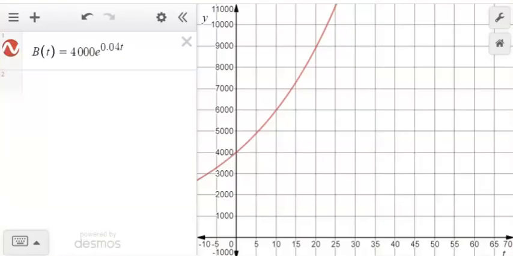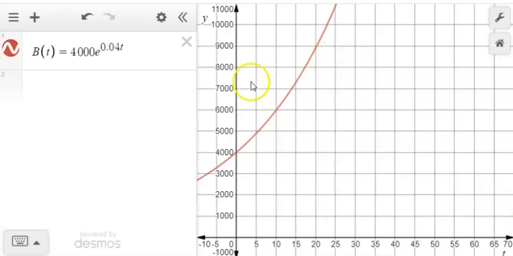So the equation for number 2 would be B of t, t being the time in years, equals $4,000, that would be the P in the formula, times e, which is Euler's number, raised to the power 0.04, that's your r, or your interest rate, times t, which is the variable for time.